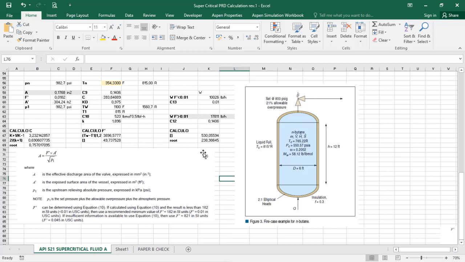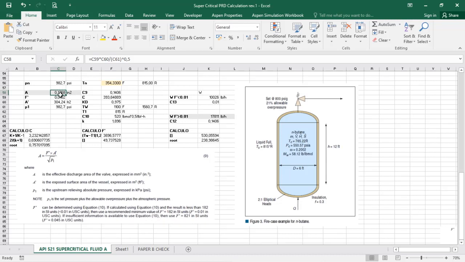It is in equation 9 that I effectively calculate the orifice. That depends on the F dash, which we already calculated, depends on the area exposed to the fire, and depends on the relief pressure. So based on all of this information, we are able to get the orifice in inches. In this case, I have the orifice in square inches.